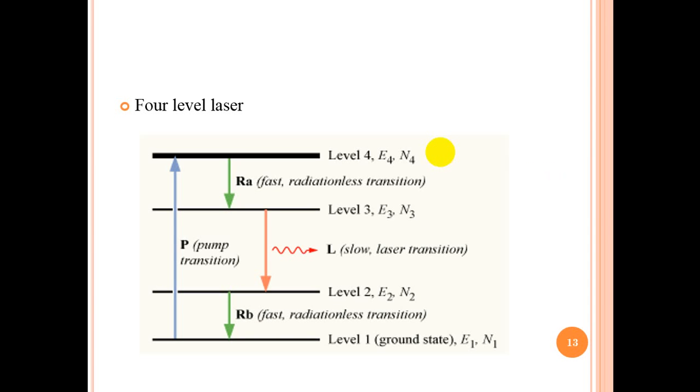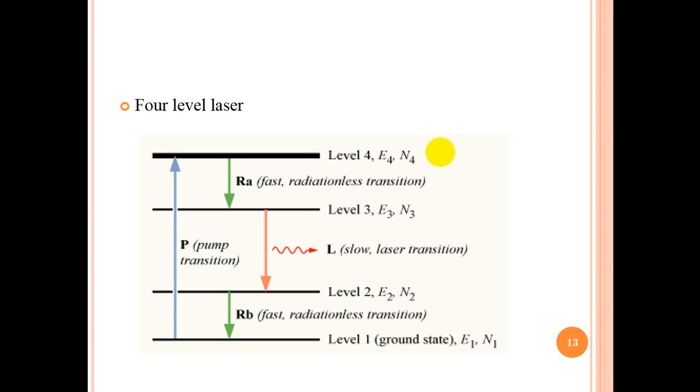From E4, the atoms decay to the energy state E3 by spontaneous emission. The transition rate of atoms from E4 to E3 is much faster as compared to the transition rate of atoms from E3 to E2. This is due to the reason that E4 is an excited state with a lifetime of atoms of the order of 10 to the power minus 8 seconds.